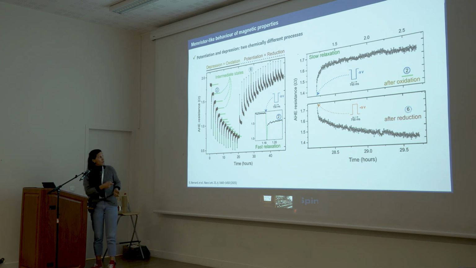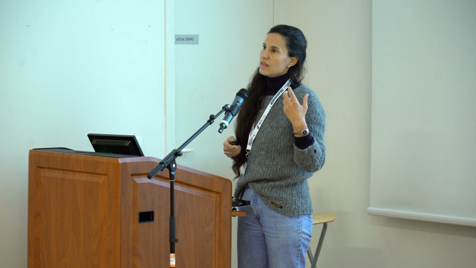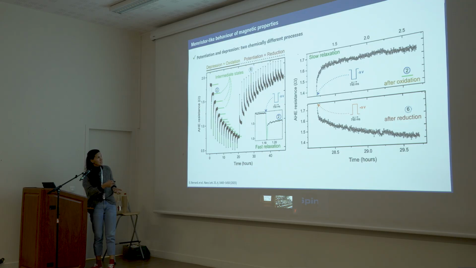Here, at the beginning we have a spike, which we think is most likely related to charge effects, that vanish very fast. And then we have a relaxation that finally stabilizes in a well-defined state. When we do the potentiation, this doesn't seem to saturate very easily.